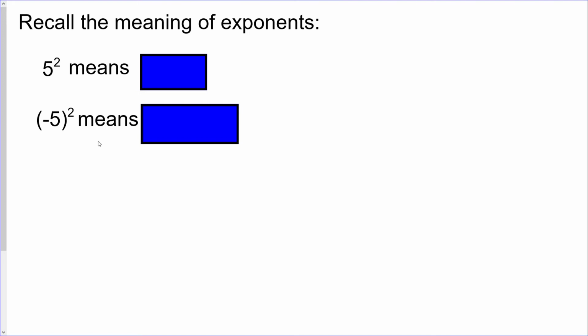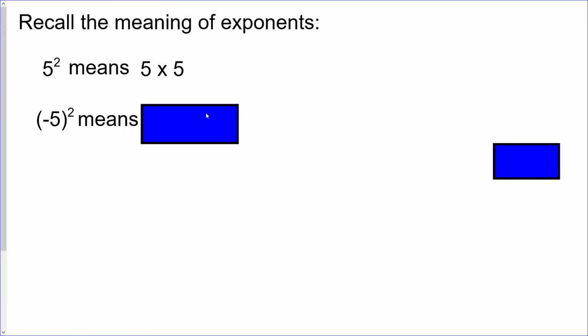One other thing to recall is the meaning of exponents, especially as it applies to integers. 5 squared, without any of the signs, just means 5 times 5, and of course this equals 25, not 10.